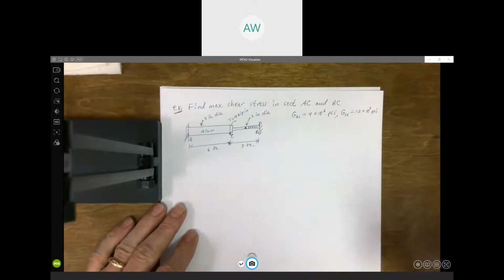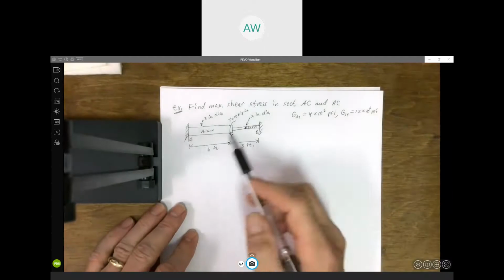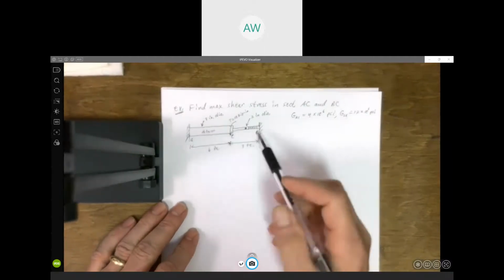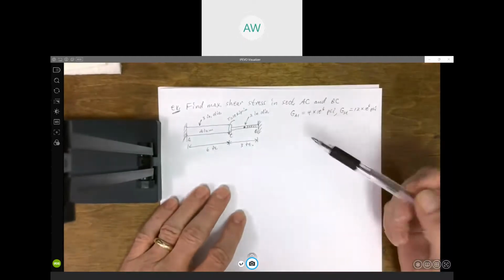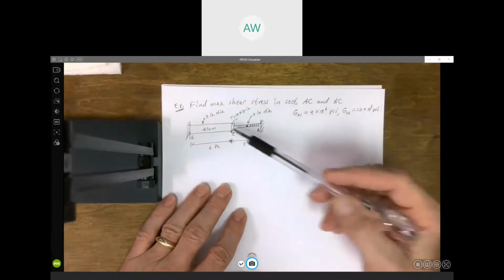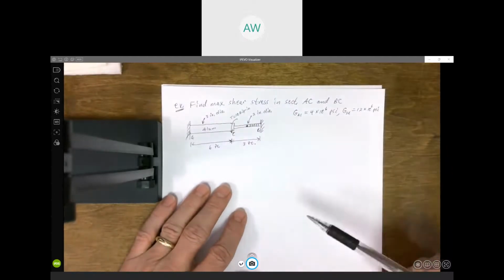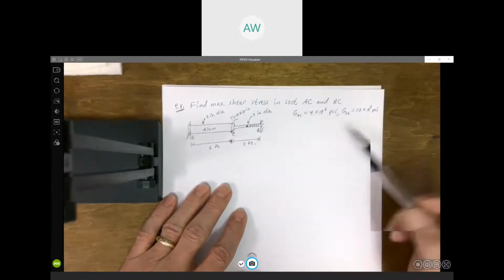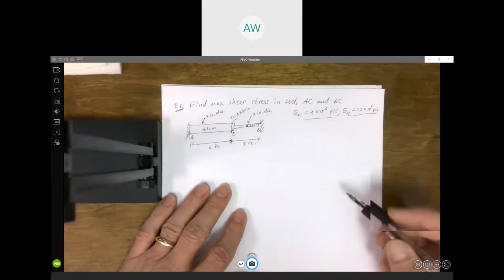To get the maximum shear stress, we need to know the torque in the aluminum part and the torque in the steel part, because we can't just look at it and say this is going to be 5 and that's going to be 5. It doesn't work that way, because the steel is about 3 times as strong as the aluminum.